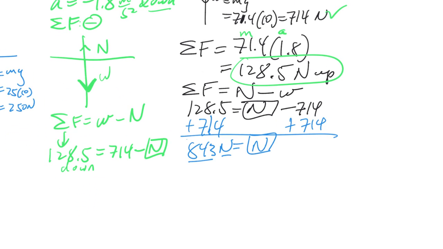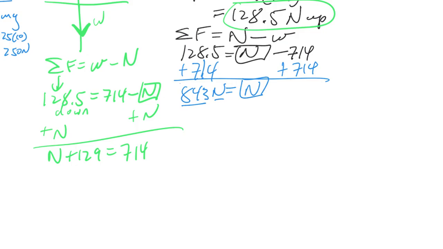So the normal force, let's add to both sides. I get N plus 129, I'll just do that, equals 714. Then I just subtract the 129 from both sides.